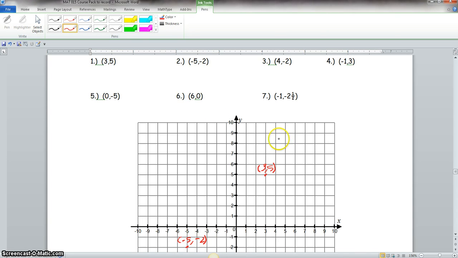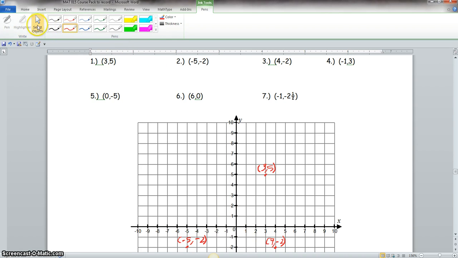Now we go here. We have positive 4 and negative 2. We start here at 0. We go back to our origin, which is 0, 0. We go to the right 4, because X is positive 4. And then since Y is negative 2, we go down 2. So now, you'll put 4, negative 2.